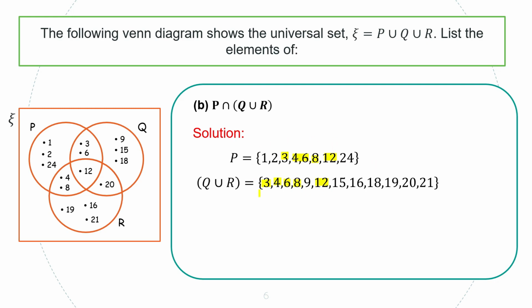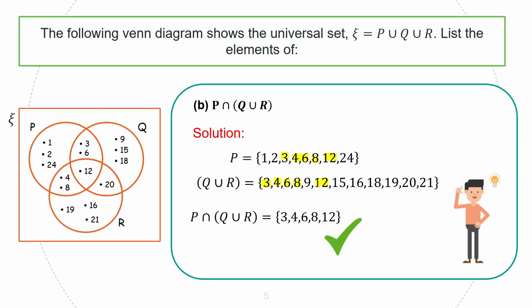So only these are the common elements. So the answer for P intersect with bracket Q union R is 3, 4, 6, 8 and 12. Okay, these are the elements for this problem.